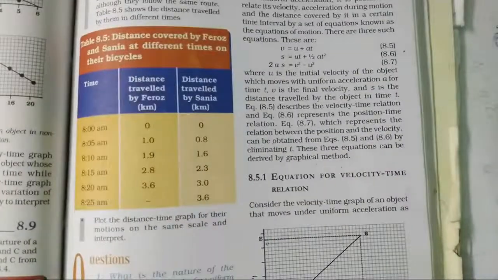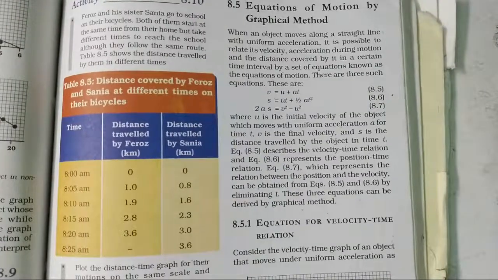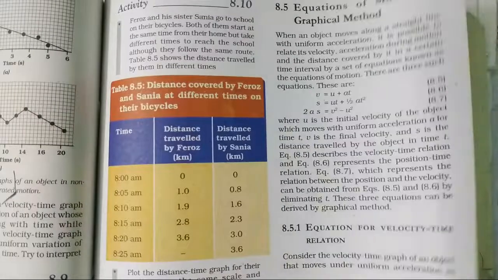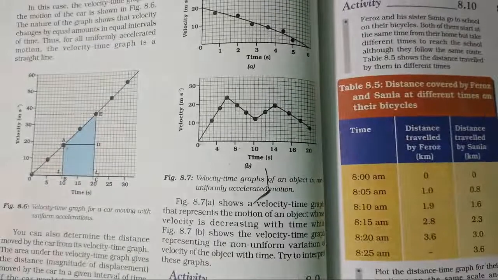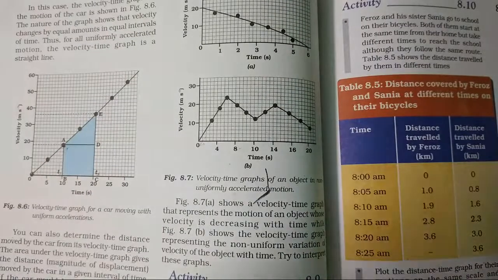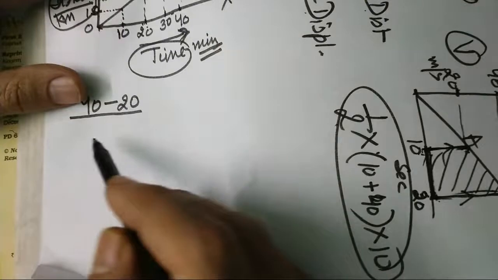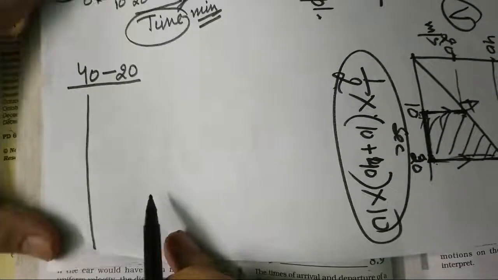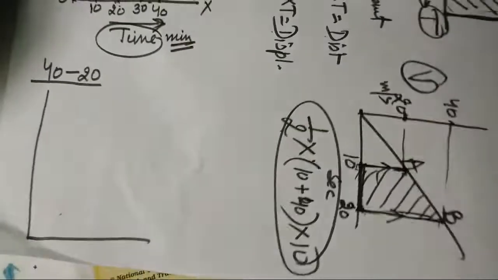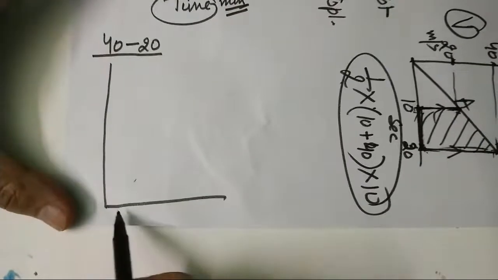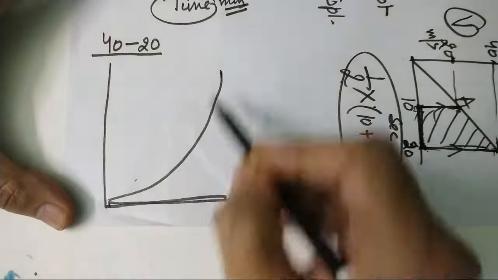And here it shows the equations of motion by the graphical method. This is the derivation. But if you have to follow the graph, then the graph explanation was this much: the graph can be a straight line, or if the graph is drawn and shown like this, or if the graph is shown like this, then it is non-uniform.